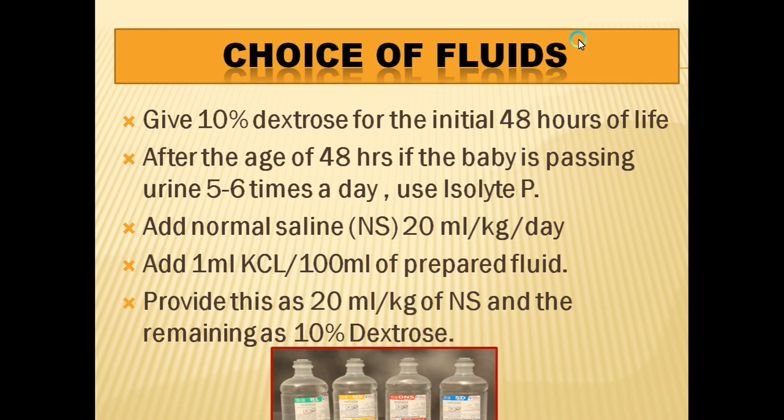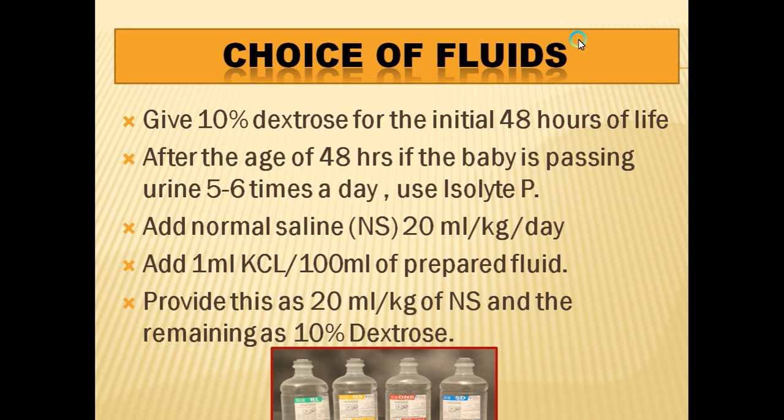Because these babies are not being fed by the breast milk, the blood glucose falls down very fast. So that is why we prefer 10% dextrose for the initial 48 hours rather than any other things. Why? Because there is potential chances for hypoglycemia. So we don't want hypoglycemia along with all those conditions which we have listed in the earlier slide, okay.